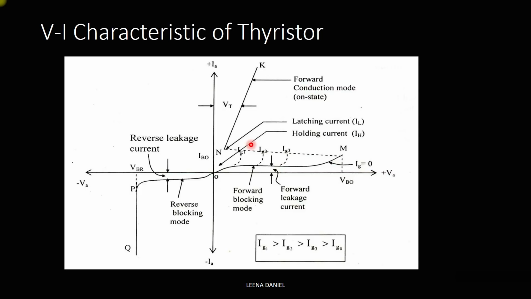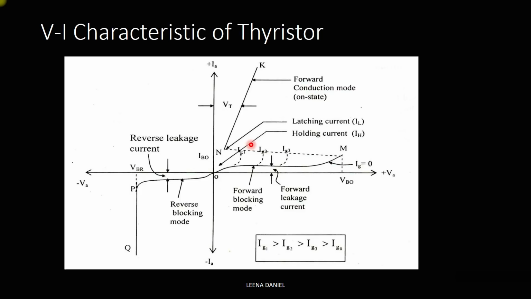After this point, after the latching current, when the thyristor attains a particular level of current and we remove the gate signal, the thyristor will maintain its on position after the removal of the gate current. This current is known as the latching current. So this is the minimum anode current which is required to maintain the on state of the thyristor after removal of the gate current.